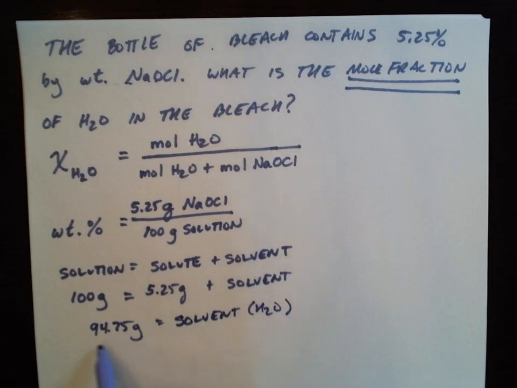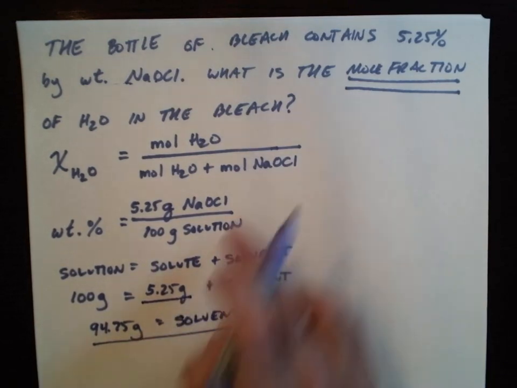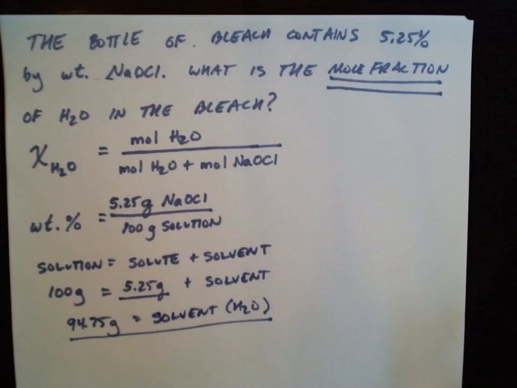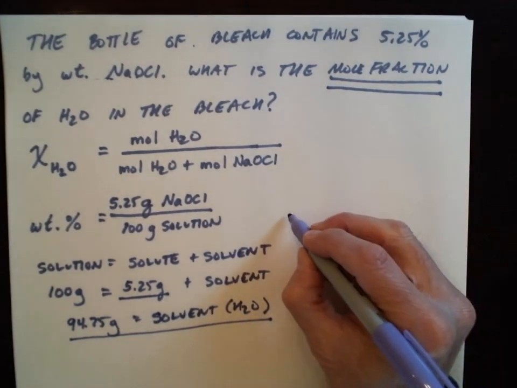So now I have my grams of water and grams of sodium hypochlorite. I can convert these to moles, then we can pop them in this fraction here. Let's start with the sodium hypochlorite.